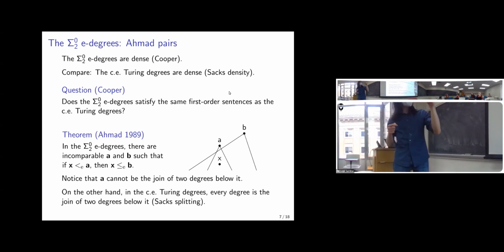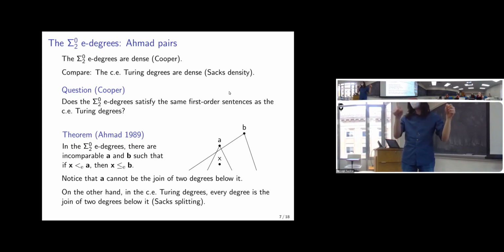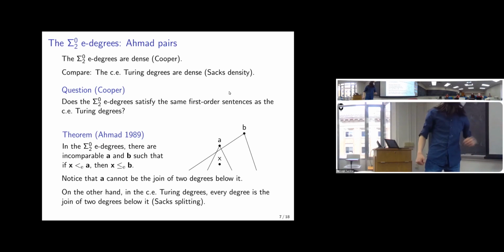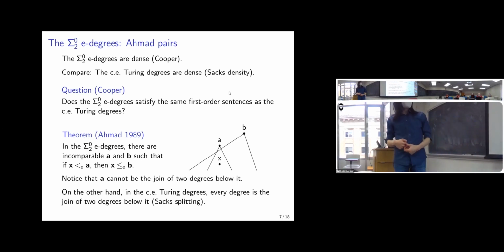Suppose that you have 2 degrees below A, say X and Y, such that they join up to A. X and Y are both strictly below A. Because of this property, X and Y are both below B. And if X and Y are both below B, then their join is also below B. So their join cannot be A, because A is not below B. That's the proof of this statement.